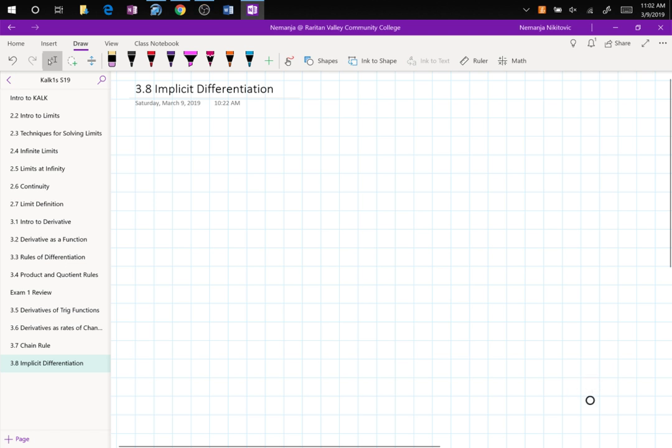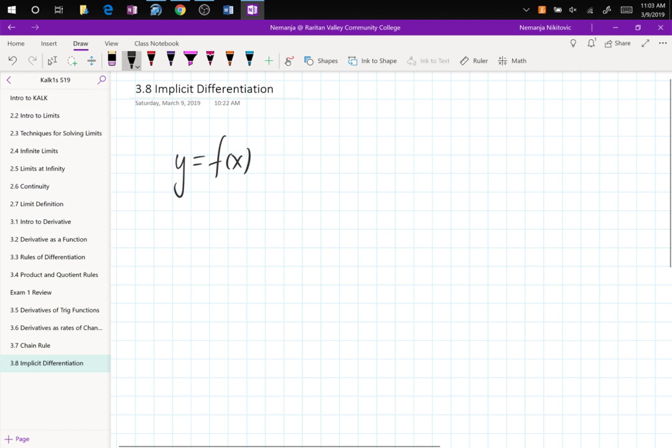Hello and welcome back to Calculus 1, section 3.8 on implicit differentiation. We are going to put that chain rule to work now. So, we know from pre-calculus that y equals f of x is notation for a function.